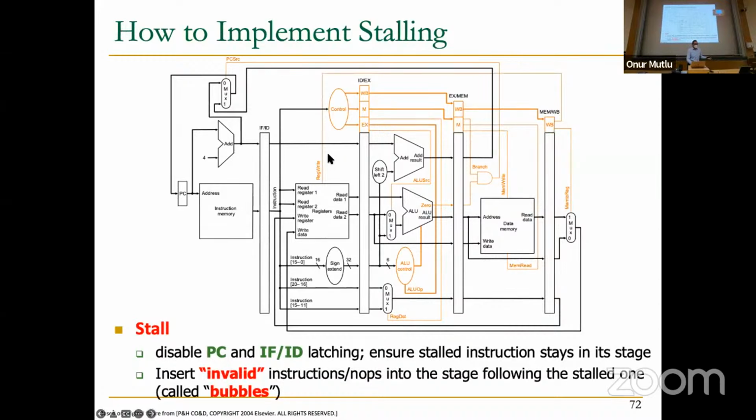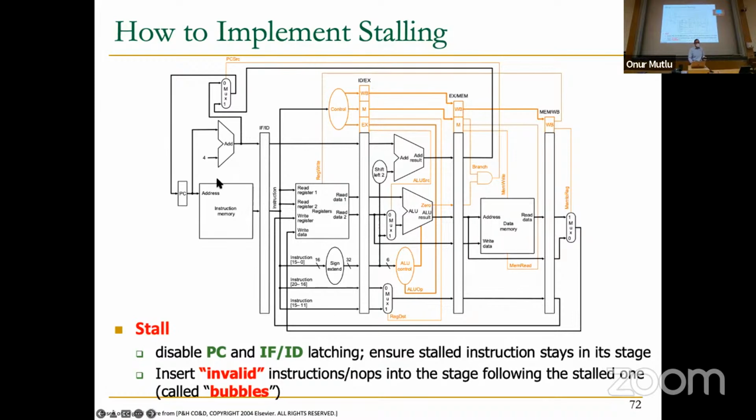That means that whatever is before, upstream, in other words, this is like a river, this is the upstream and this is the downstream, the river flows from upstream to downstream. You need to disable the program counter so it is not incremented, and you need to also ensure that the instruction here doesn't change. That's it, basically. That way, you ensure that this part of the pipeline doesn't move.